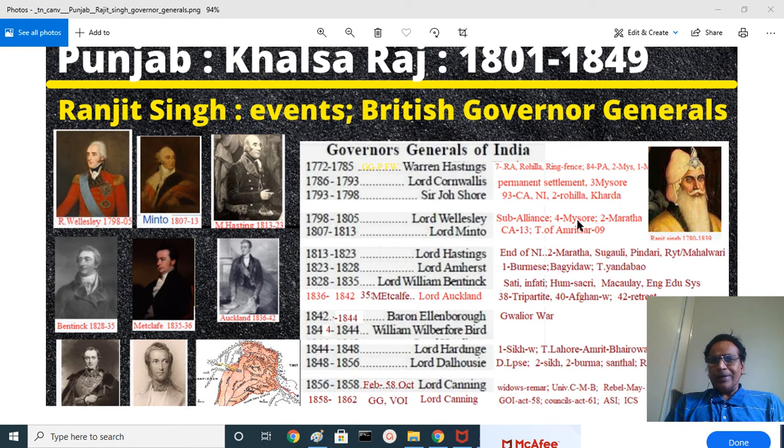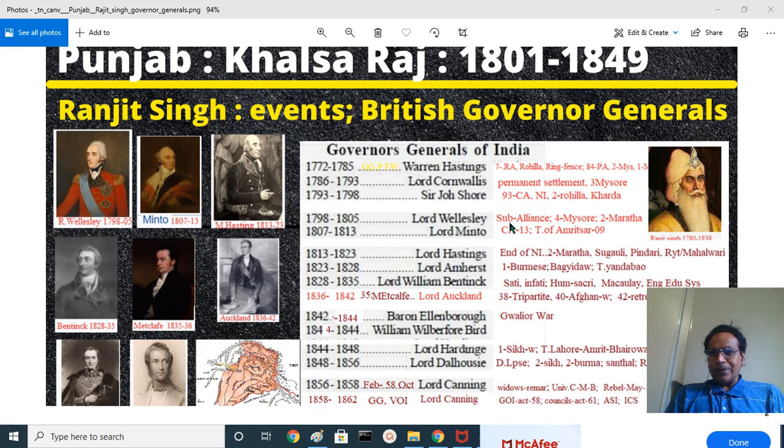The Nizam, the Nawab of Oudh and the Wadayar of Mysore all came under the British Subsidiary Alliance position. Even the Peshwa Bajirao, and a sort of Subsidiary Alliance was forced on Scindia, Holkar, Gaikwad and Bhonsle and so on.